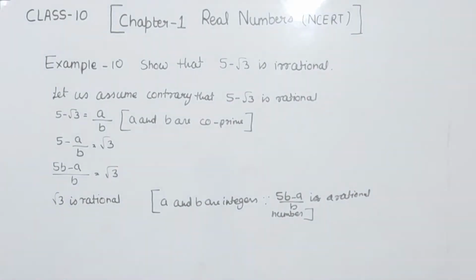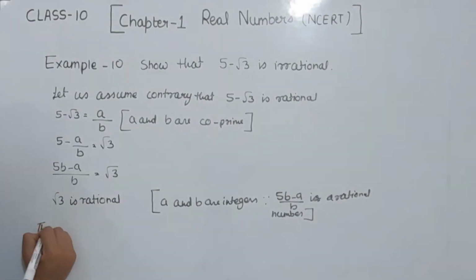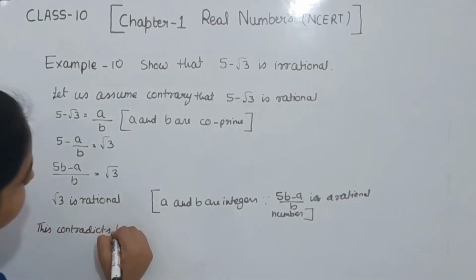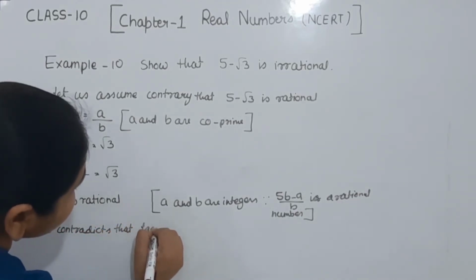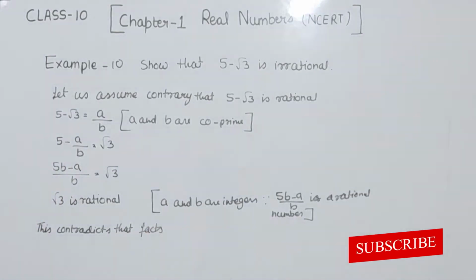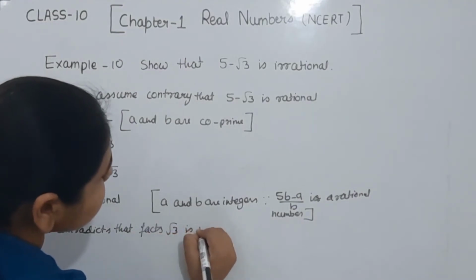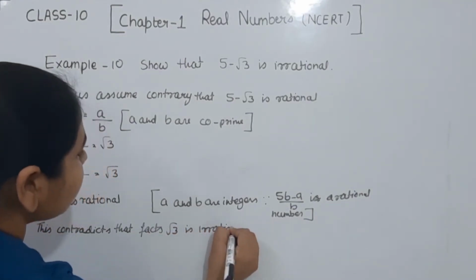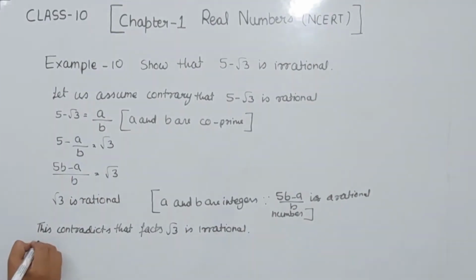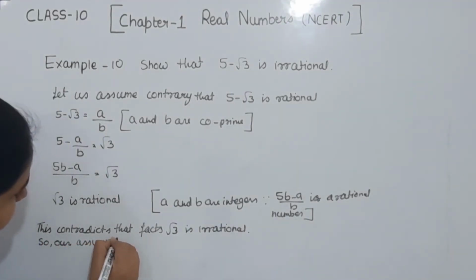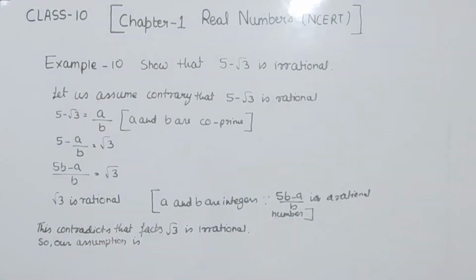So we write here: this contradicts the fact that root 3 is irrational, so our assumption is incorrect.